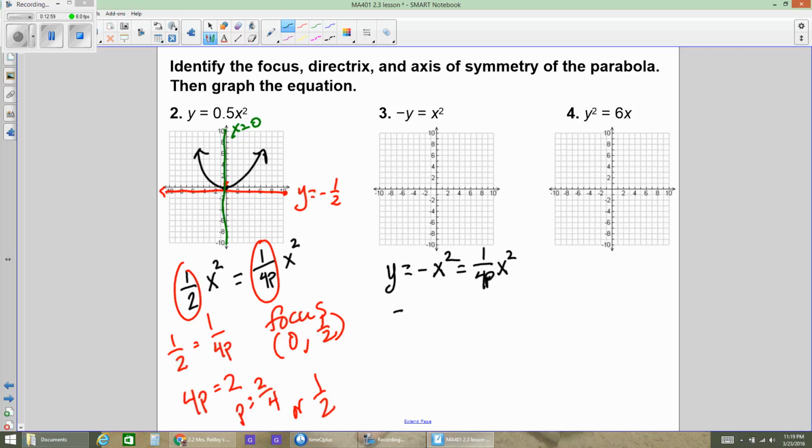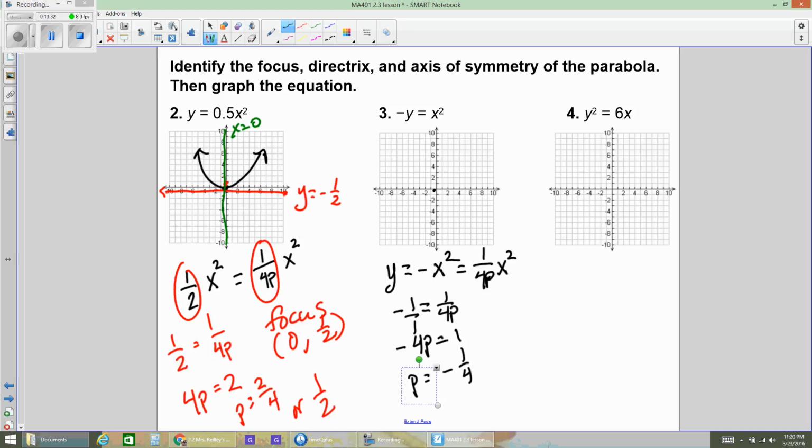So you have negative 1 equals 1 over 4p. Well, you can put a 1 underneath the negative 1 to make your proportion easier here and get negative 4p equals 1. And so p is equal to negative 1/4.